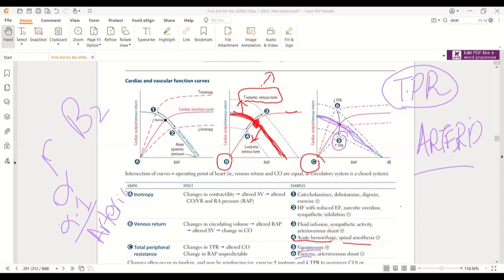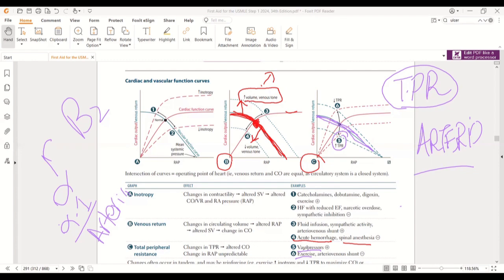So when these alpha 1 receptors are stimulated by vasopressor drugs, it will lead to constriction of these arterioles, which leads to increased TPR.